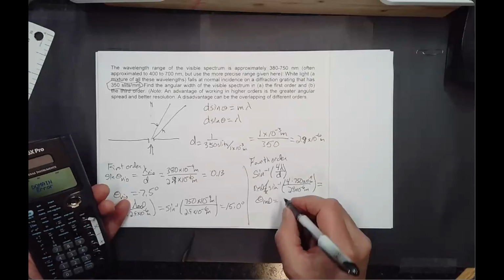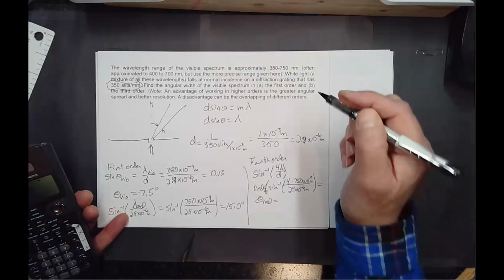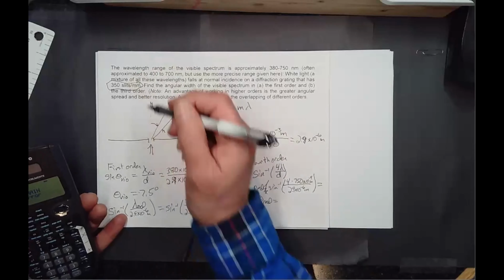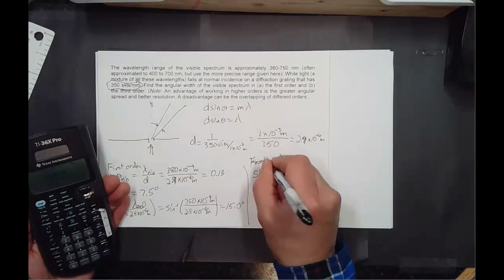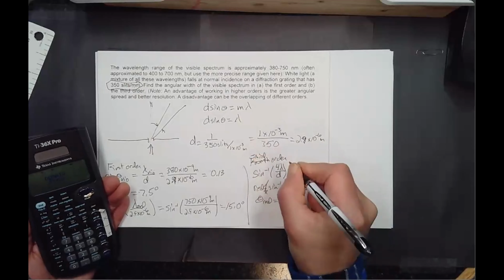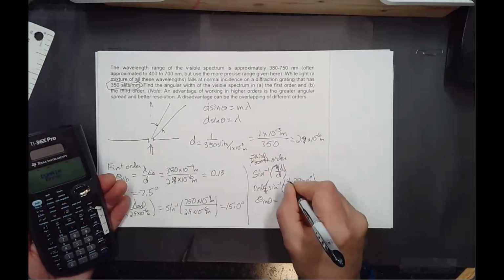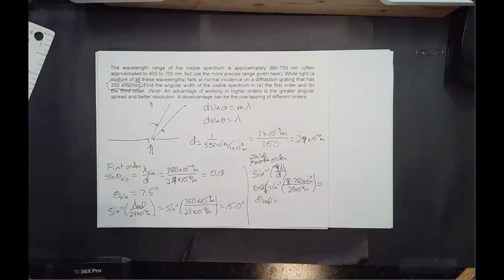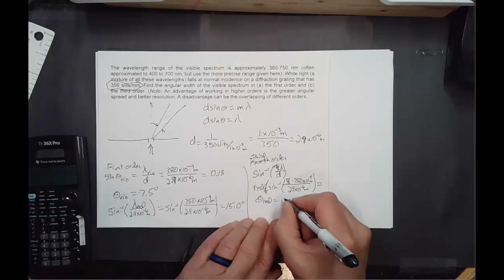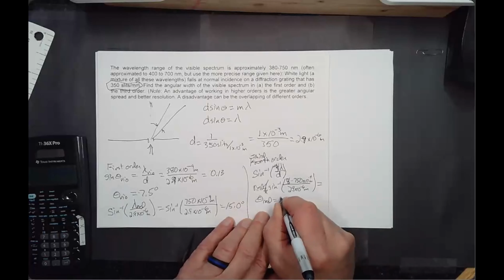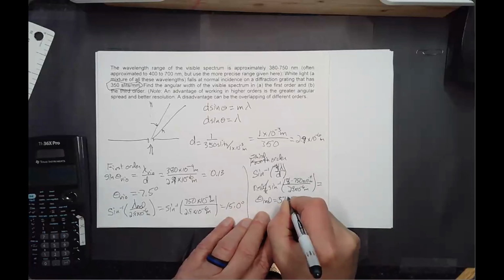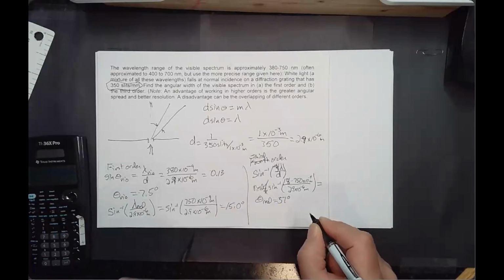Oh, I got a domain error on this one. Oh, they said third order. Okay, I misread that. Yeah, you won't see the fourth, at least not the red part of it. So I have to change that 4 into a 3, which is easy enough. When I change that 4 to a 3, I get 51 degrees for the red.